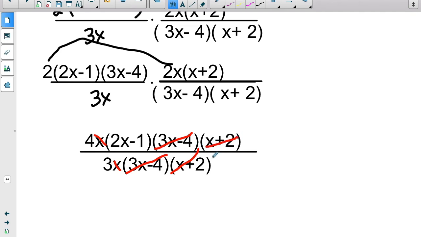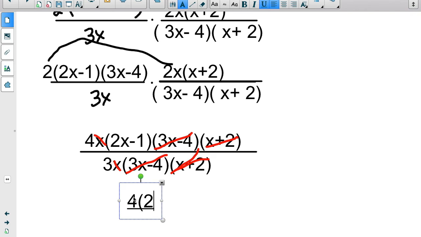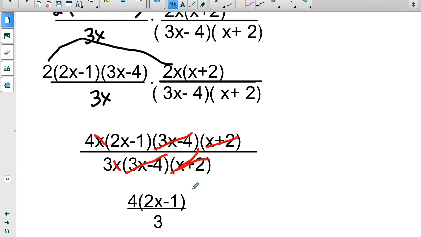And lastly, the x plus 2 and x plus 2 would cancel, leaving us with 4 times 2x minus 1 on top, and on bottom we would have 3. And this here would be our final answer.